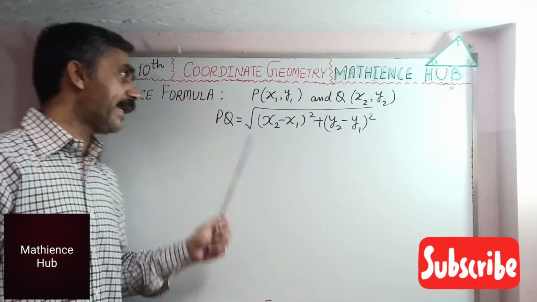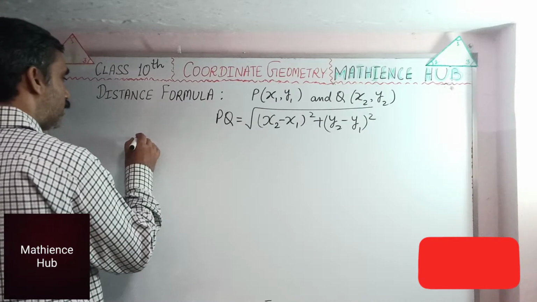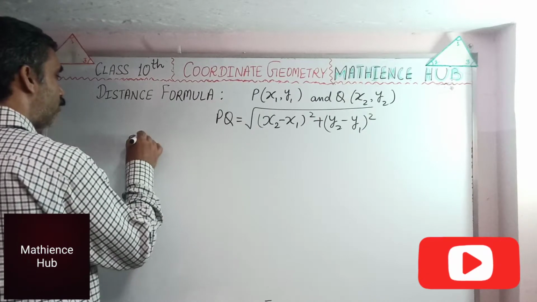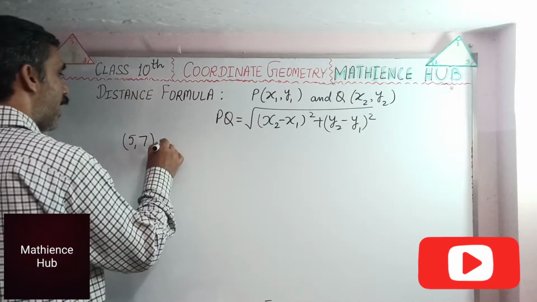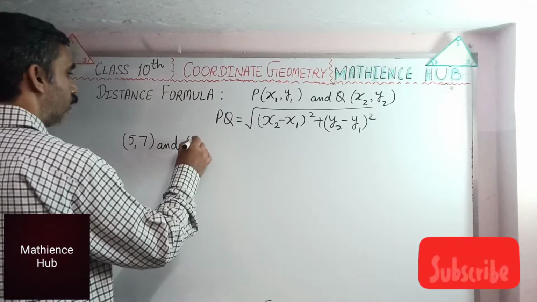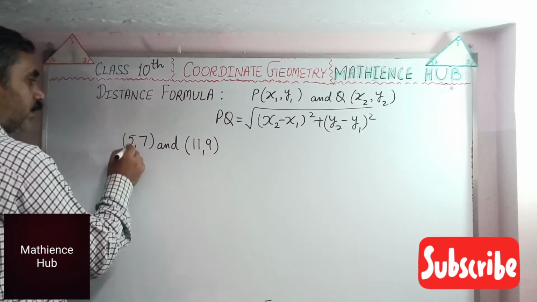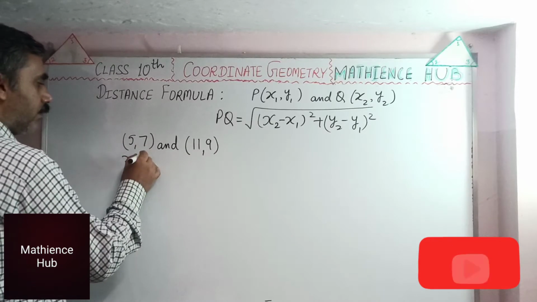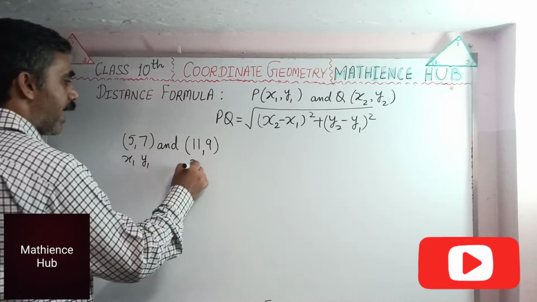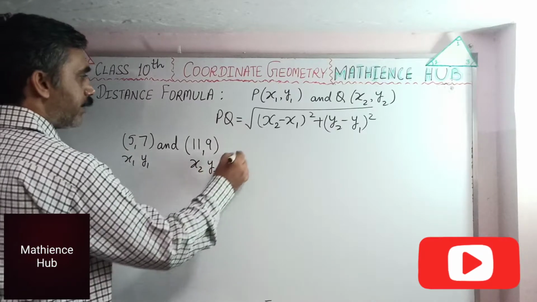So we take an example to find the distance between (5, 7) and (11, 9). Here this is x1, y1 and x2, y2.